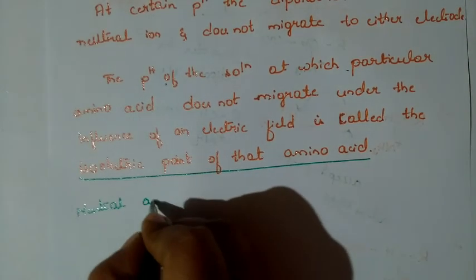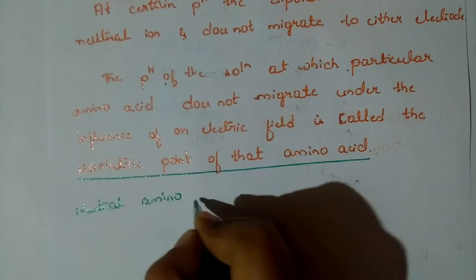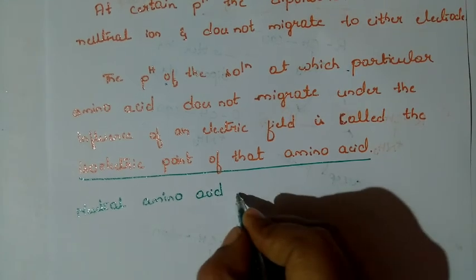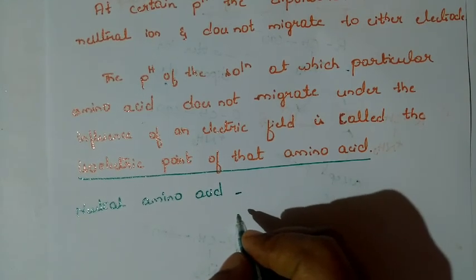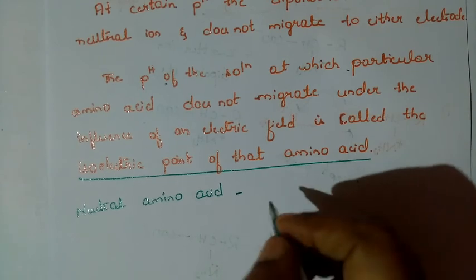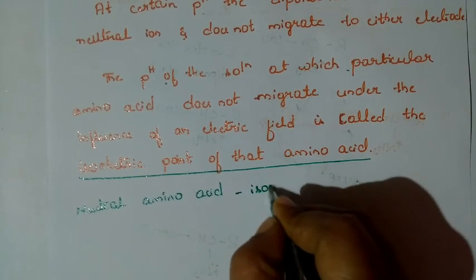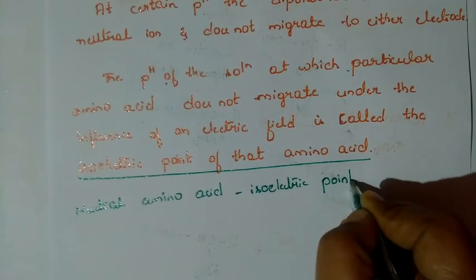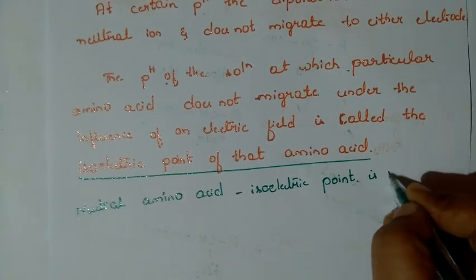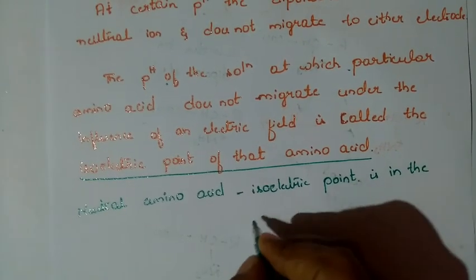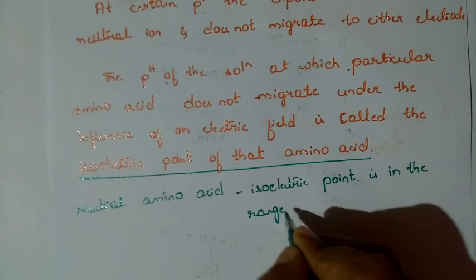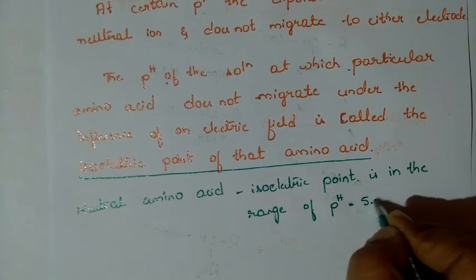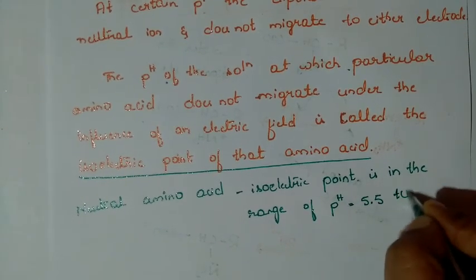That means it consists of an equal number of NH2 groups as well as COOH groups. Then the isoelectric point is in the range of pH equal to 5.5 to 6.3.